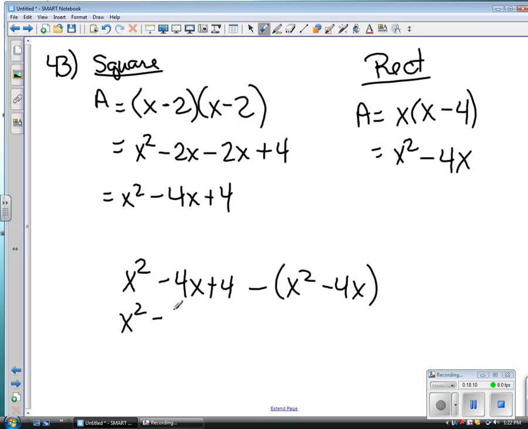So when I do that, this is minus X squared plus 4X, because I'm distributing that negative to everything. Now, what happens to X squared minus X squared? They cancel each other off, right? And negative 4X and a positive 4X, they cancel off. So the answer is 4, but that's how you would prove to me that that's 4, that you're just not guessing something. Okay?